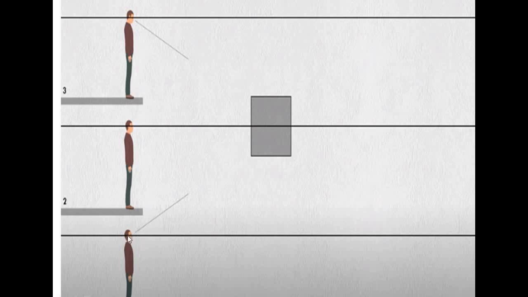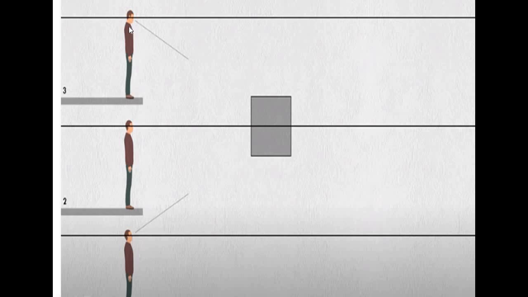Take the first example. If the object is above the eye level, then he can see the bottom part of the object only. And if the object is at the level of the horizon, then the person can see the maximum part of the object.